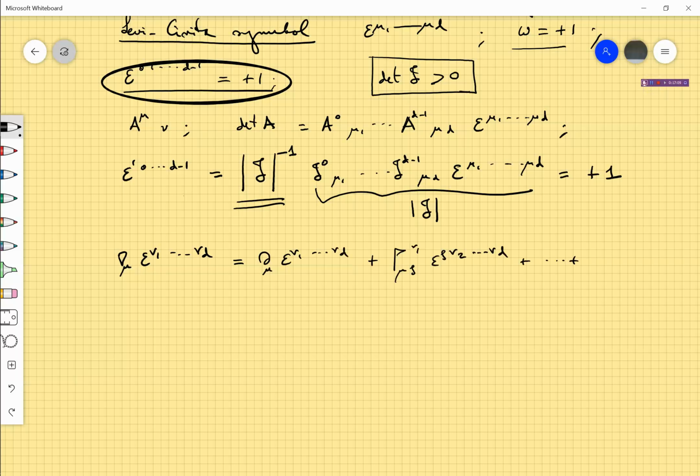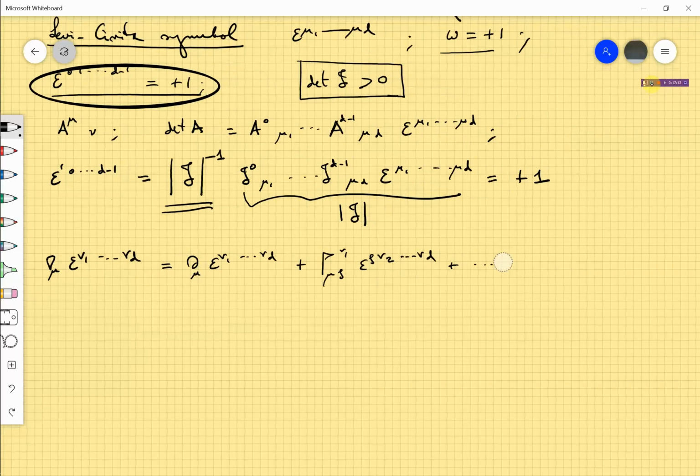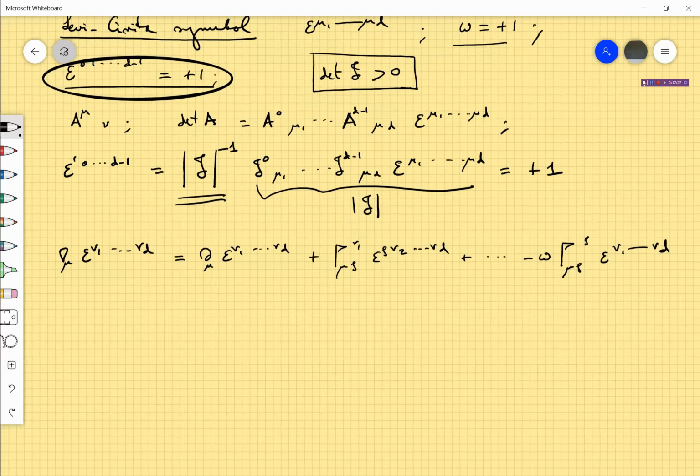And the last term would be minus omega Gamma mu rho rho epsilon nu 1 to nu d. Okay, so now let's compute this. This is 0 because epsilon is constant, and let me write all these d terms in this way.